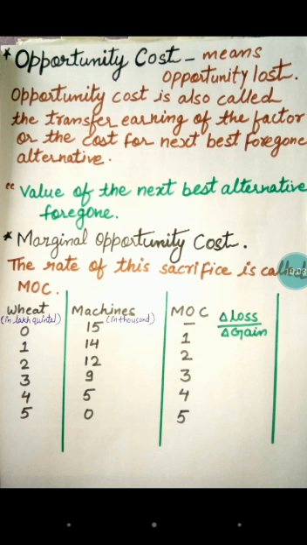Or we can take one more simple example. Suppose there is one person who is employed, doing a job and getting a salary of rupees 3000 per month.